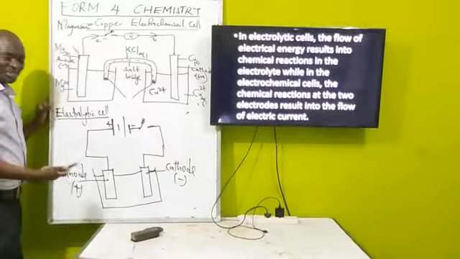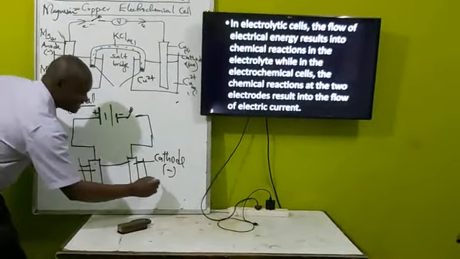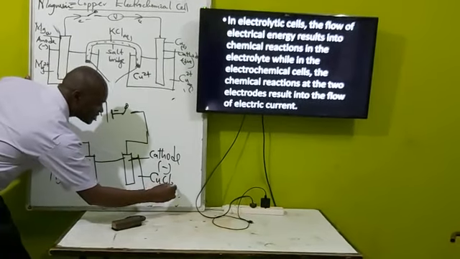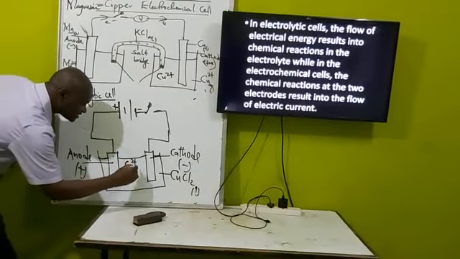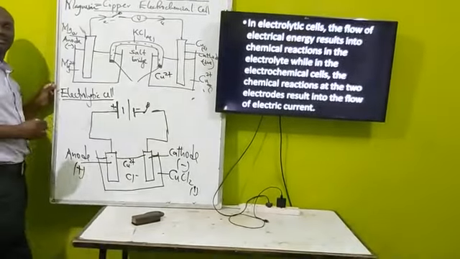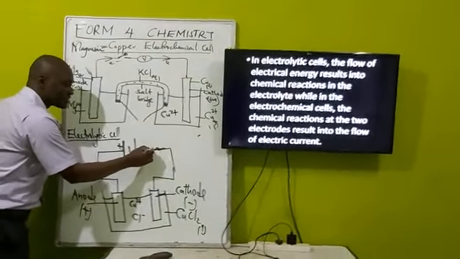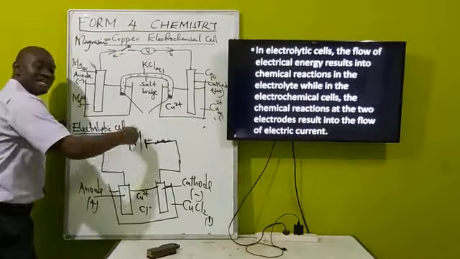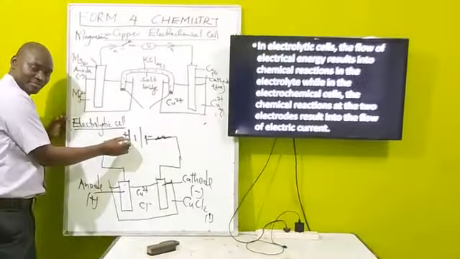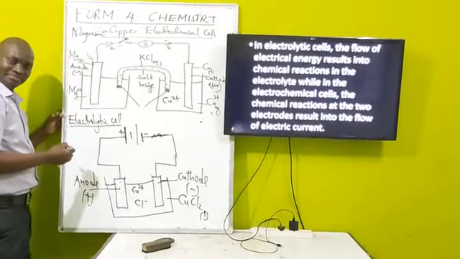Before we close the switch, nothing will happen here. If this one was molten, let's say molten copper 2 chloride in liquid state, where we have copper 2 ions and chloride ions. Immediately we close the circuit, we complete the circuit, there will be flow of electric current from this battery. Then what will happen?